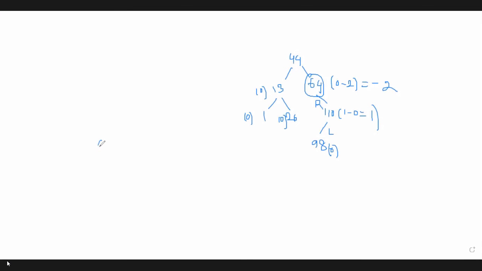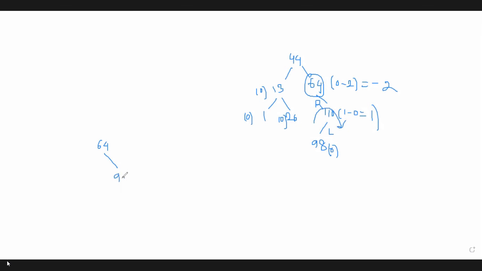So I'm just taking the infected area, that is 64, 110 and 98. 110 was the right child of 64. Now how will we change it? 98 will become the node, and we are applying which rotation here? Right rotation. So 110 will be shifted to the right side.